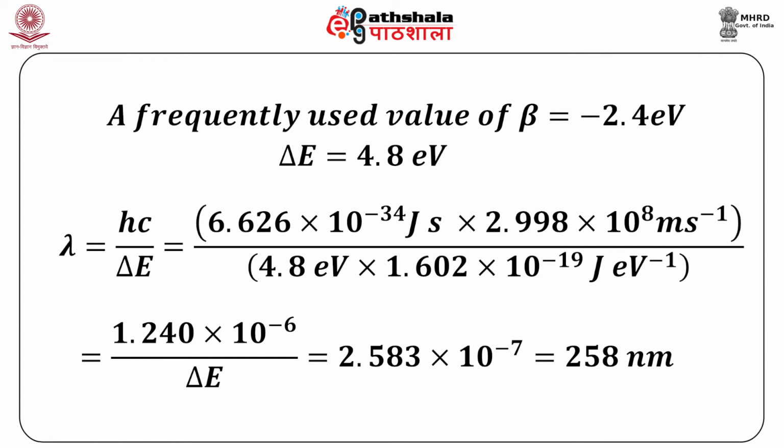equal to 4.8 electron volts, and when you convert it into wavelength, lambda is equal to hc by delta E, and this will be 6.626 times 10 to the power of minus 34 joule second times 2.998 times 10 to the power of 8 meter per second, divided by 4.8 electron volt, which was delta E, times 1.602 times 10 to the power of minus 19.